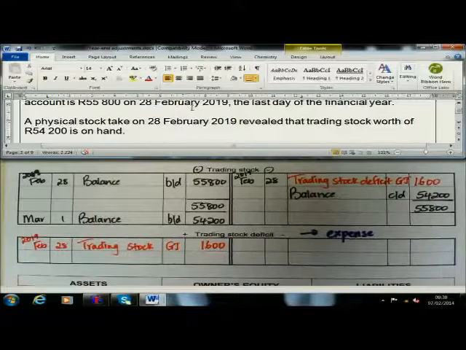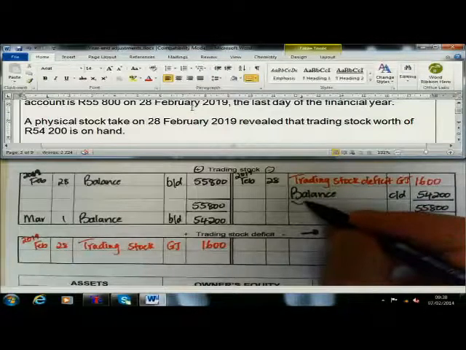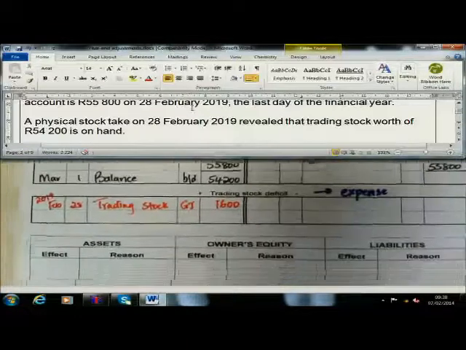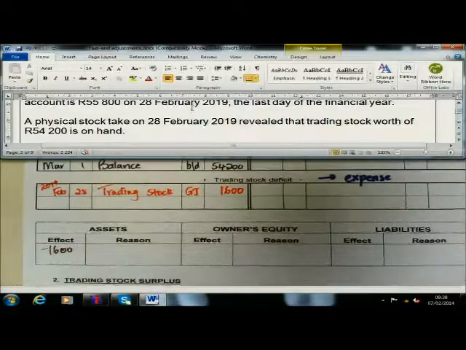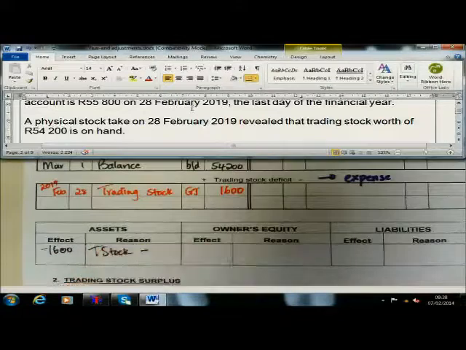So there's your trading stock deficit. You show your new balance on this side. You subtract the two, and then you've got your trading stock deficit. Assets is minus 1,600 Rand because our trading stock became less.